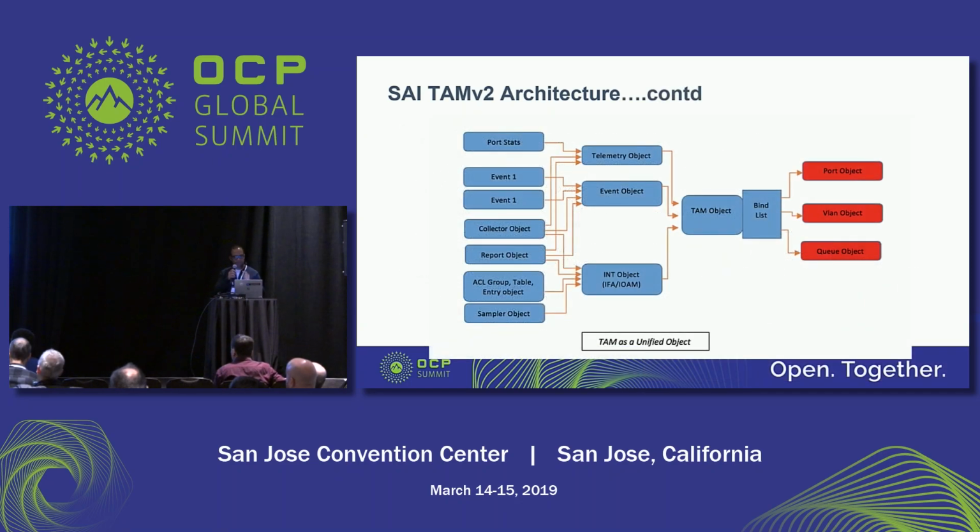This is just a diagram of how a TAM object is a single unified object. In this, if you see, there are various port statistics, event definitions, and then the collector definitions. They come together as a bound object, and everything is sitting under the TAM object, and then the TAM object is bound to other port objects or VLAN objects or queue objects.